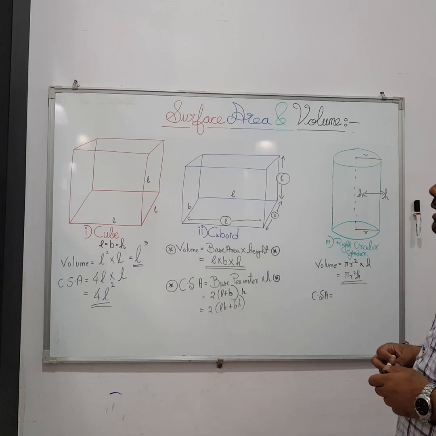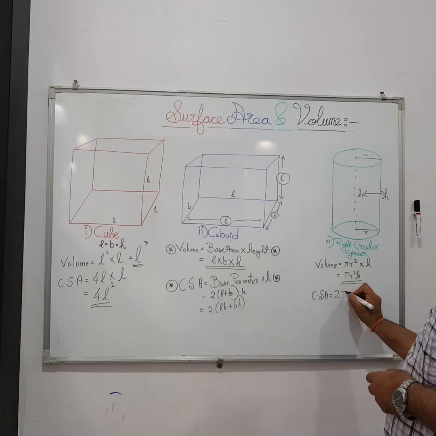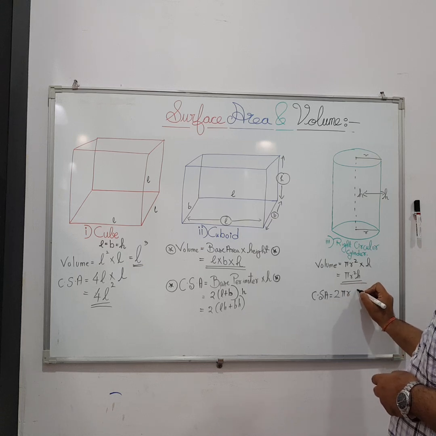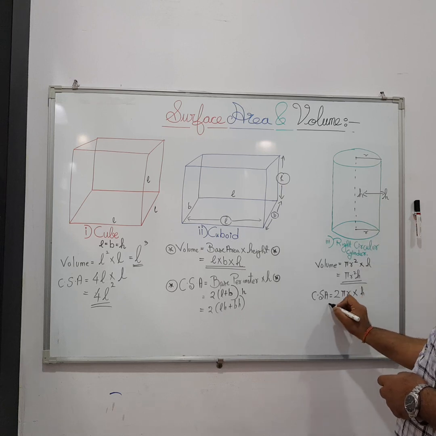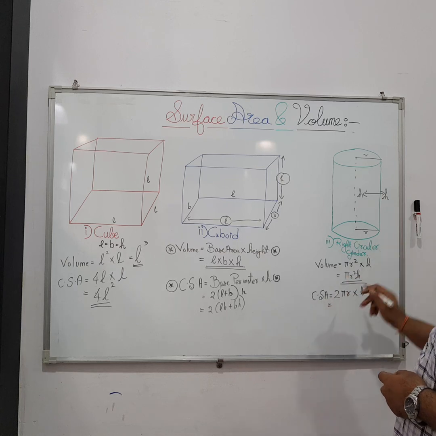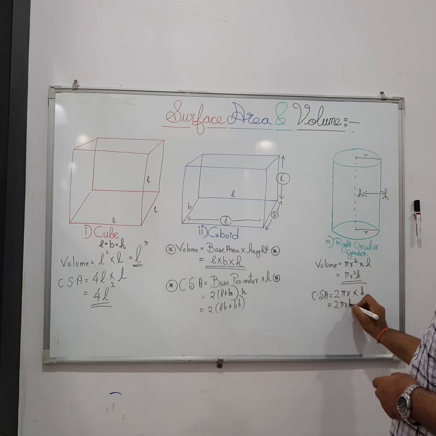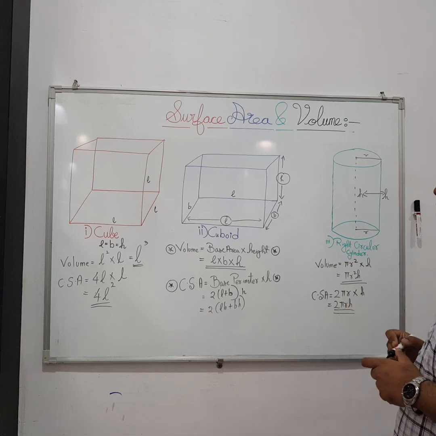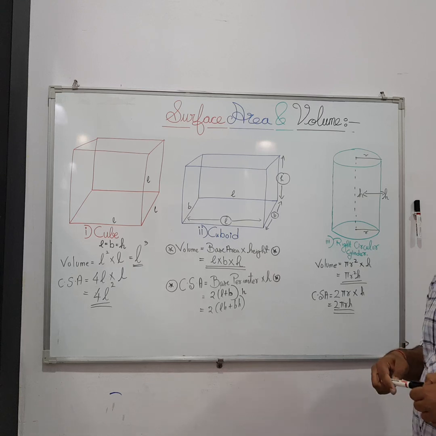Everybody knows the perimeter of a circle is nothing but the circumference, which is 2 pi r, into what is the height over here? H. So from here simply we can find out that the CSA of a right circular cylinder is nothing but 2 pi r h.